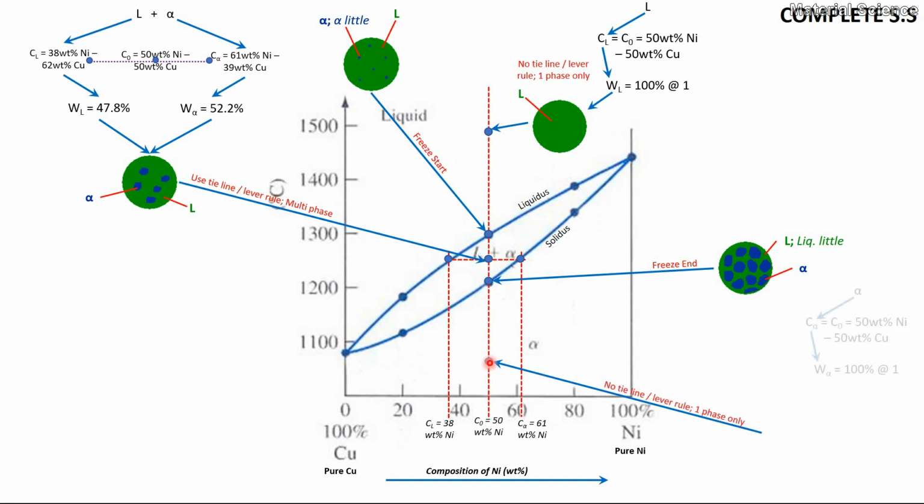With just one phase, C alpha equals the overall composition, which is 50 nickel. Then the weight fraction of solid is 100% because there is only one phase.